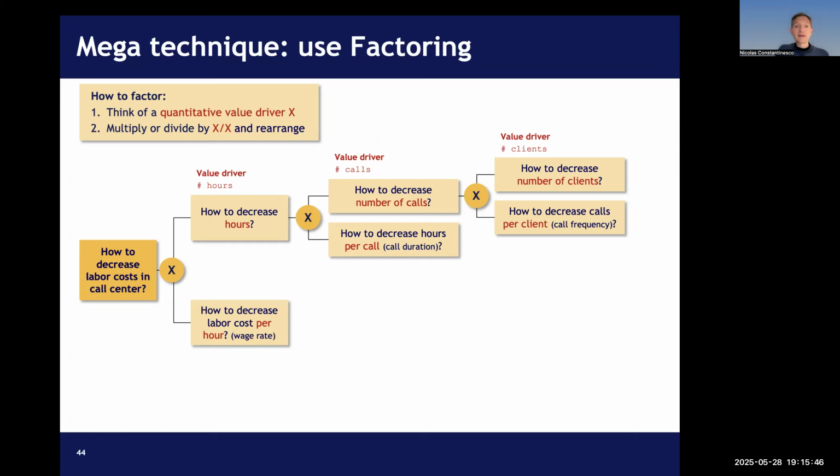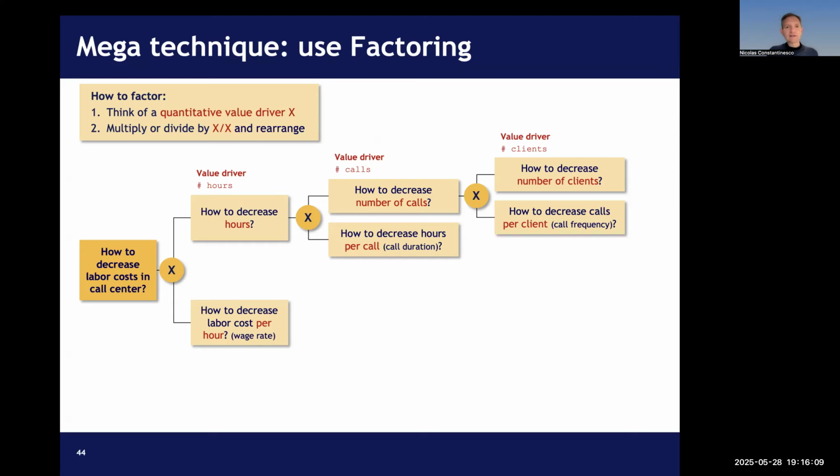So fine. So we're then going to say we don't touch the number of clients, but we can still work on the rest. How to decrease the calls per client, how to decrease the hours per call, and how to decrease the labor cost per hour. So basically decrease call frequency, call duration, and wage rate.